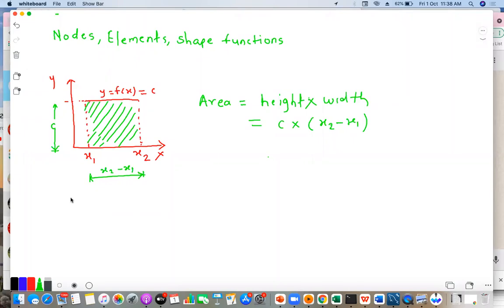Now let us take another case where we have some kind of this function. It is a very complex function, and now I have to find the area under this curve.